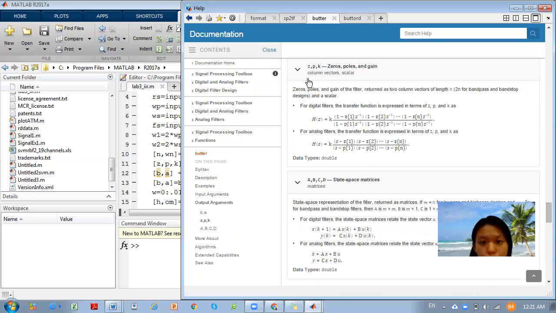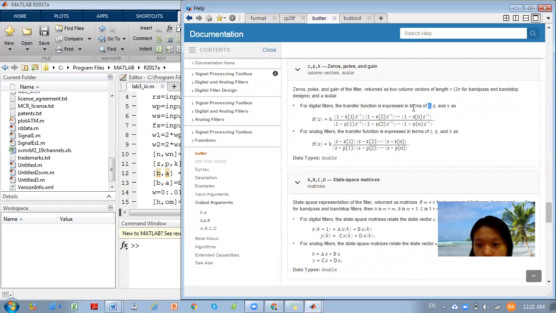Okay, have a look. What is this one? Zero pole and gain. So this is a zero pole gain filter, which means we have the two column vectors of length n. Okay, which means we are returning it in this form. For the digital filter, our transfer function will be in zeros, poles, and k.